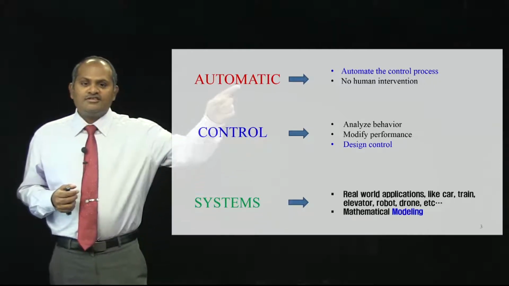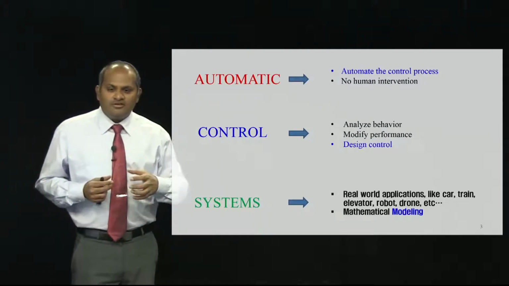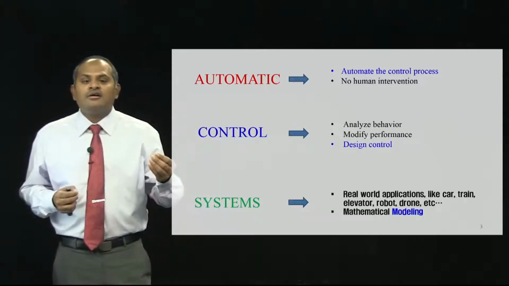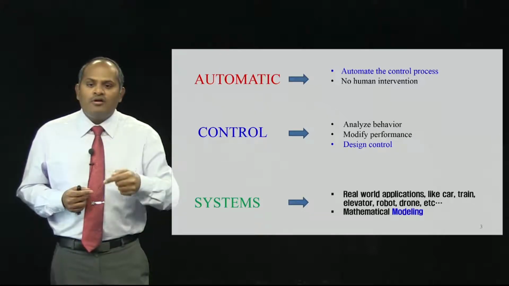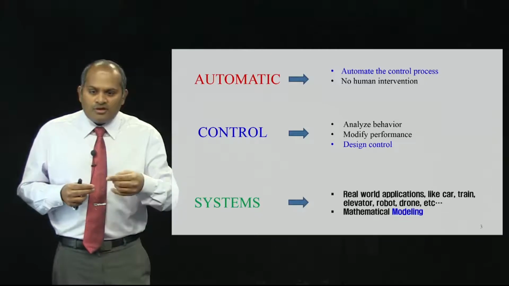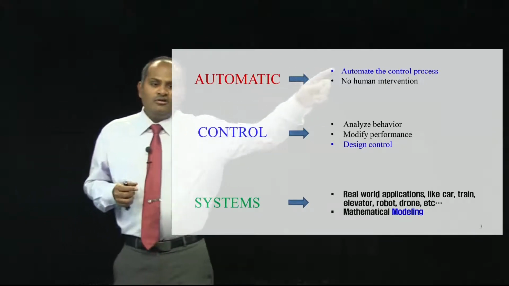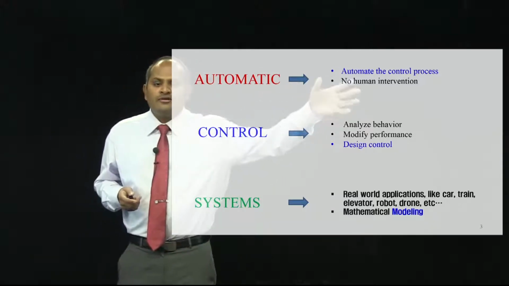The last term is automatic. The term automatic also refers to automating the control process so that the system can modify its behavior by itself. Without human intervention, the system can modify its behavior. So, automate the control process so that no human intervention is present.